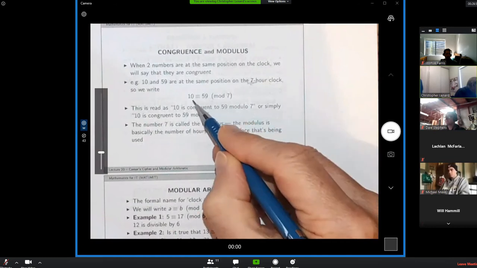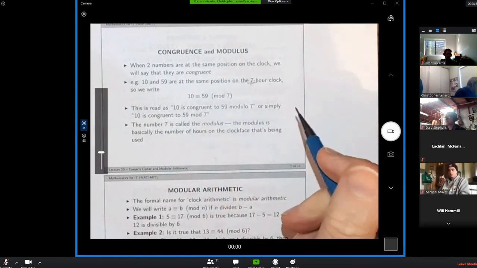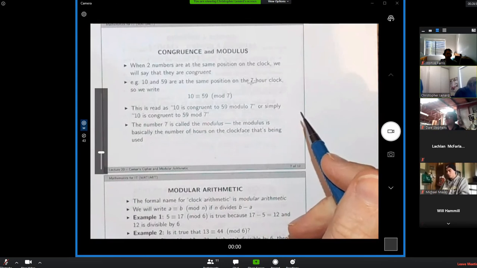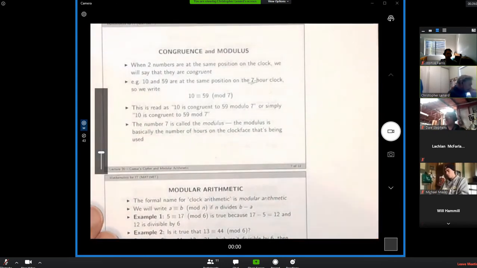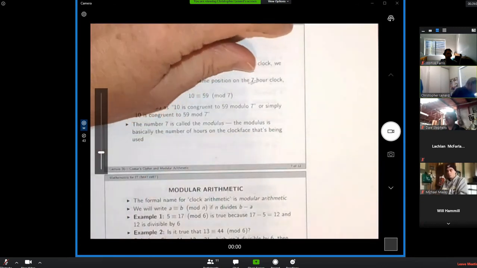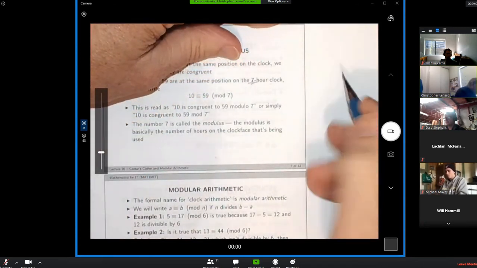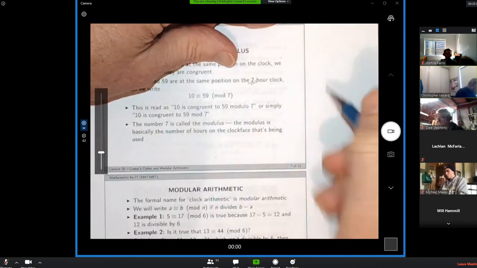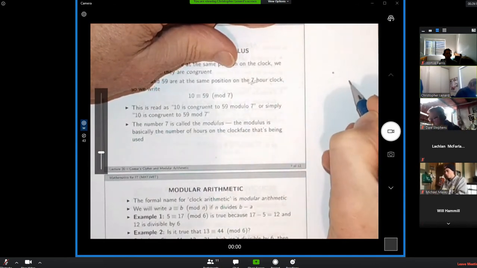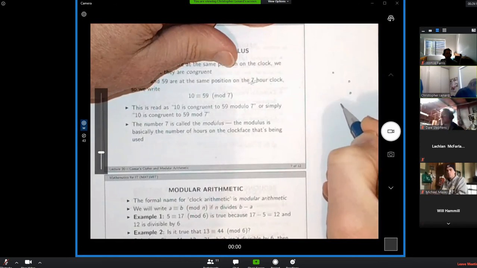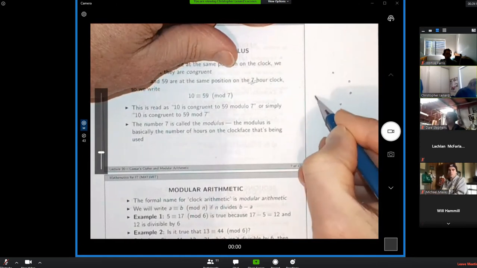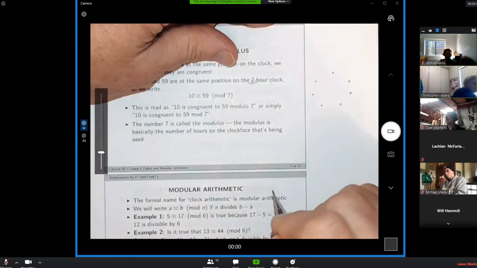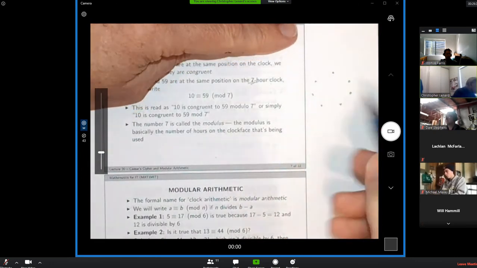So with the 7-hour clock, we've got 7 spots around the dial.